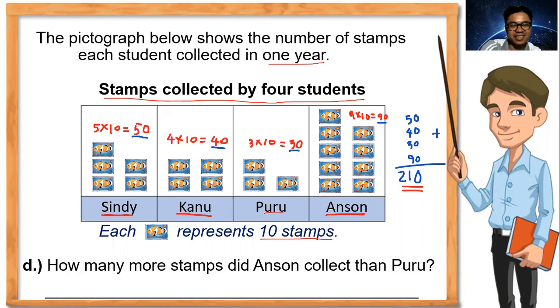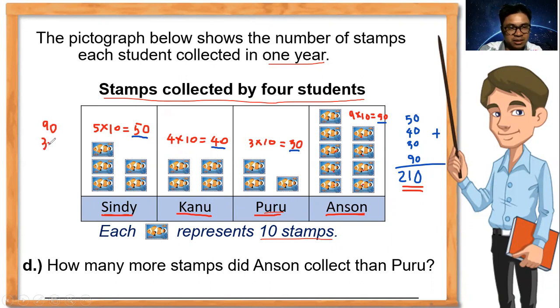Okay, next here. How many more stamps did Anson collect than Puro? Anson has 90. To get the difference, you need to minus Anson and Puro. Puro has 30.